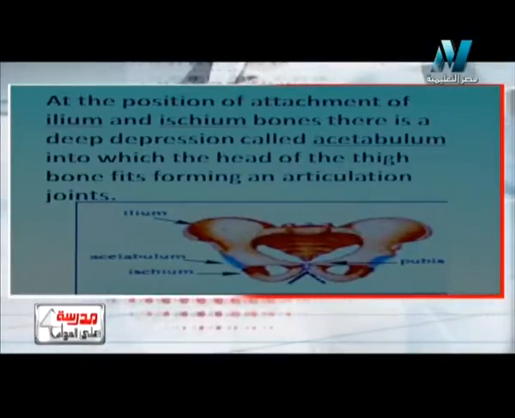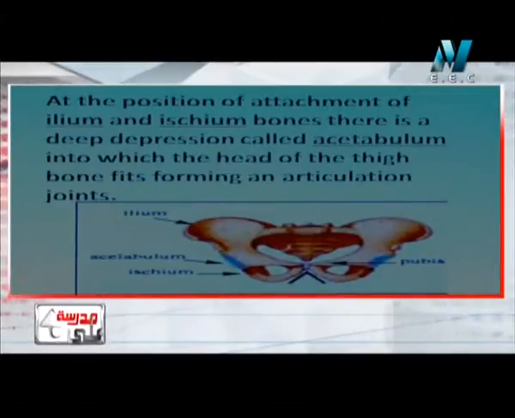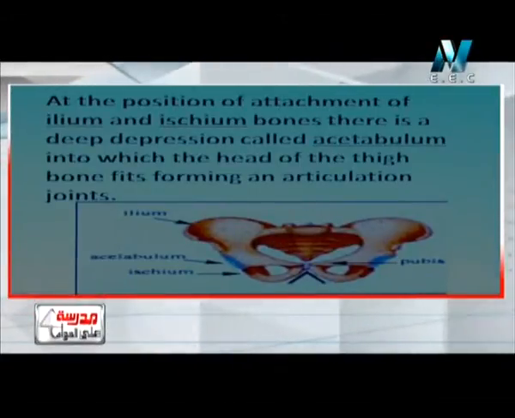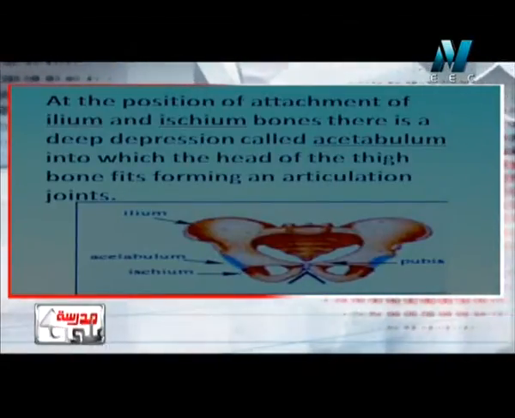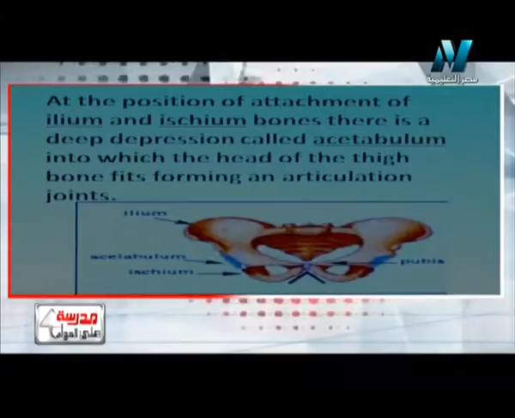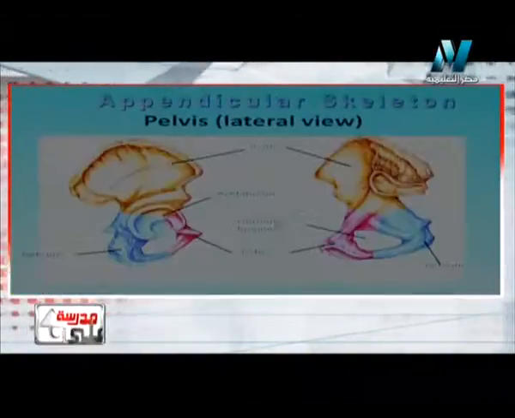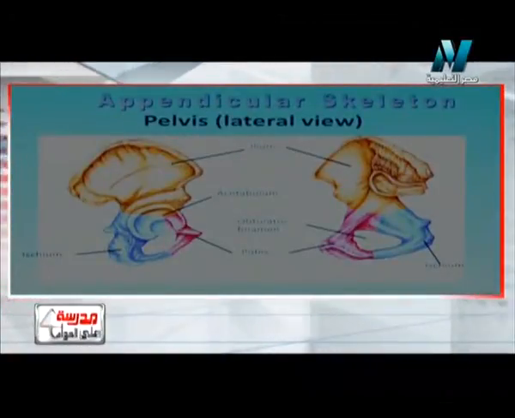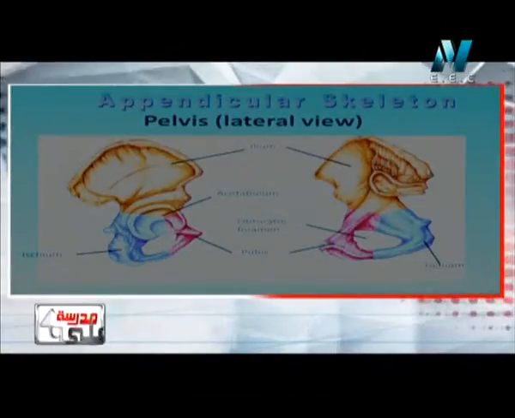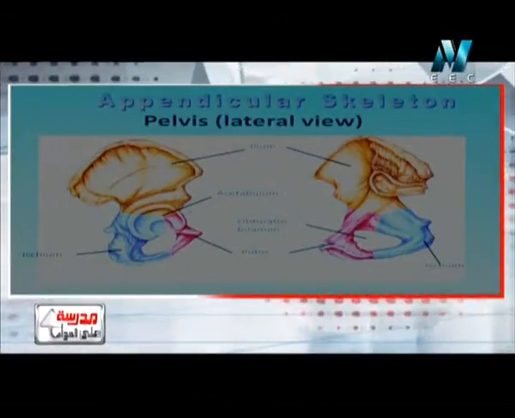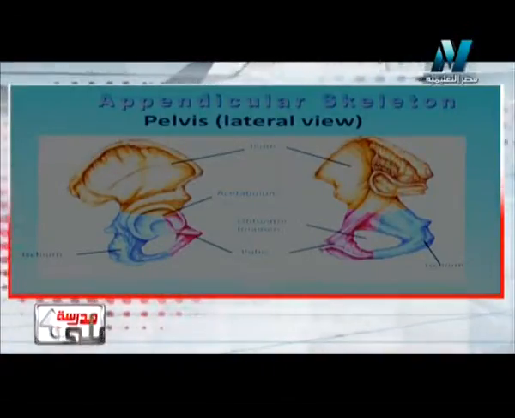At the position of attachment of the ilium and ischium bones, there is a depression called the acetabulum, into which the head of the thigh bone, the upper bone of the hind limbs, can be fitted, forming an articulating joint. This is the shape of the appendicular skeleton for each half: the ilium, ischium, and pubis, and this is the acetabulum to join with the thigh bone.